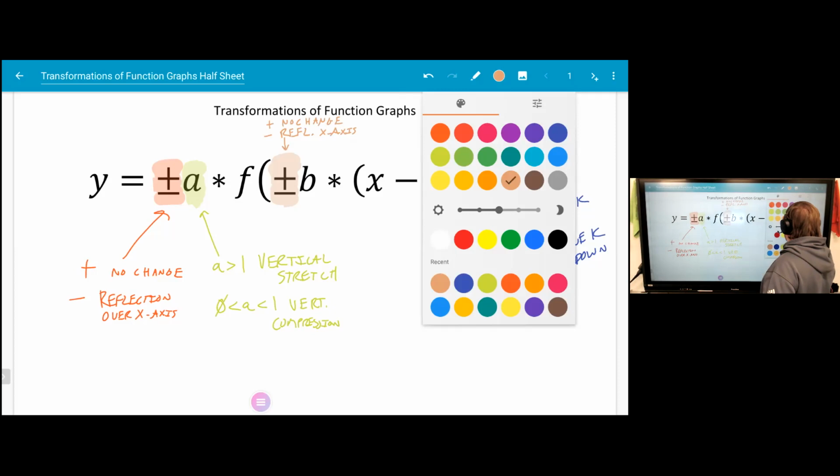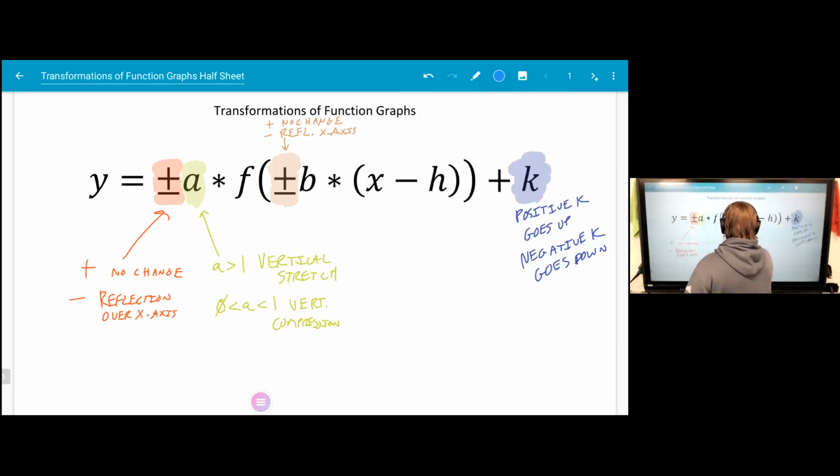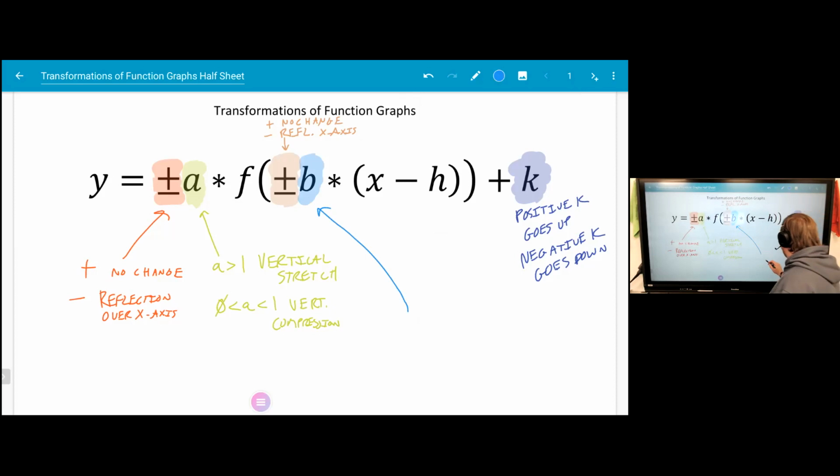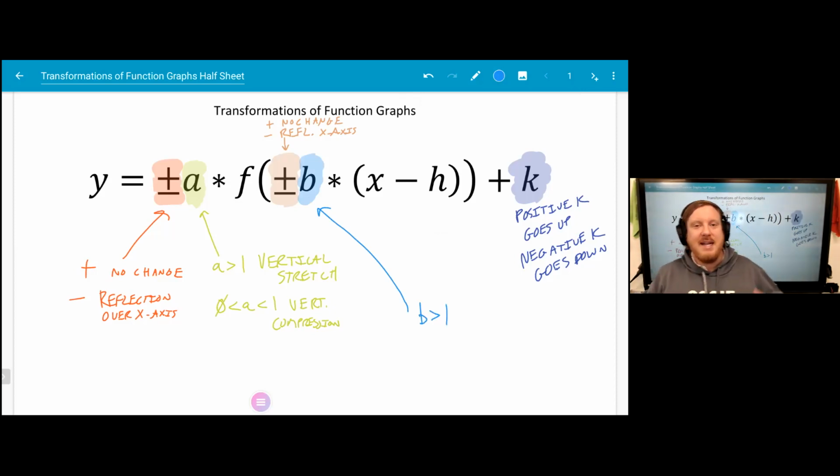This B value. I'm going to draw a bit of an arrow here to get to it. If B is greater than 1, just like we've been talking about, it's the opposite of the outside.